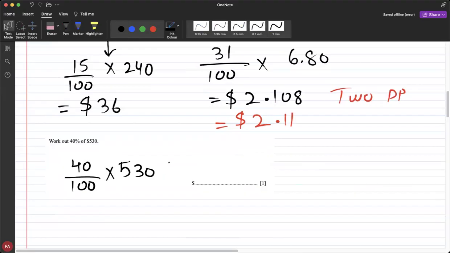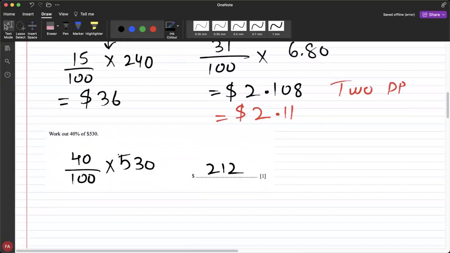If I were to calculate this, this ends up giving you 212 bucks. So that's going to be my final answer over here. Again, this question is something that you would expect in paper 2. I'm not saying that you can't get these kind of questions in paper 1, but yes, if it's paper 1, then the calculation will be easier.